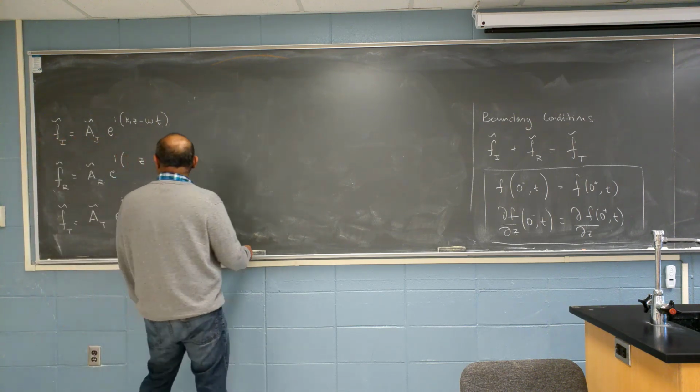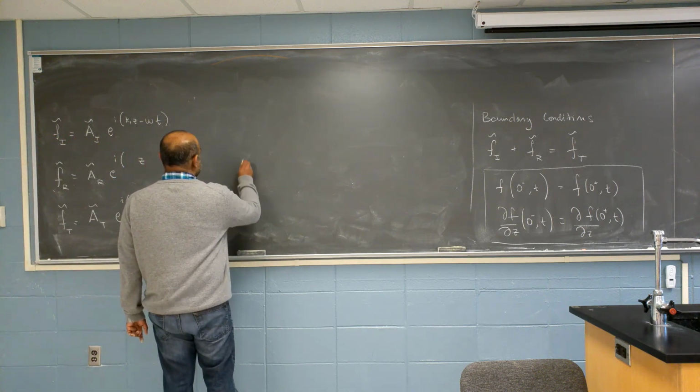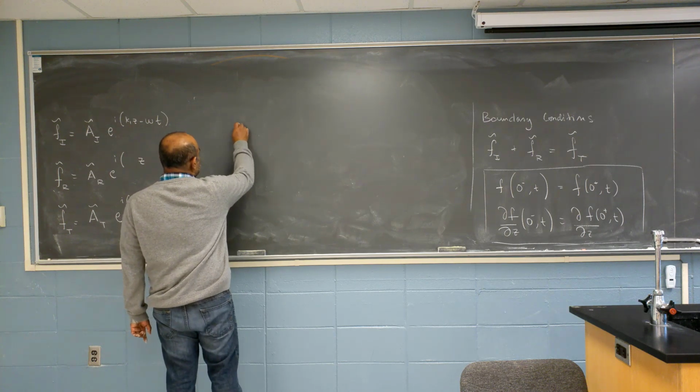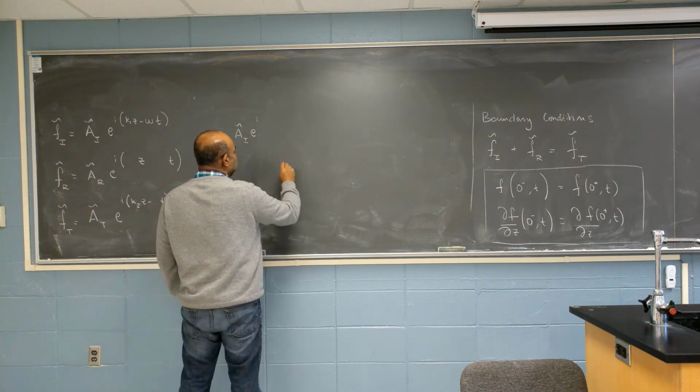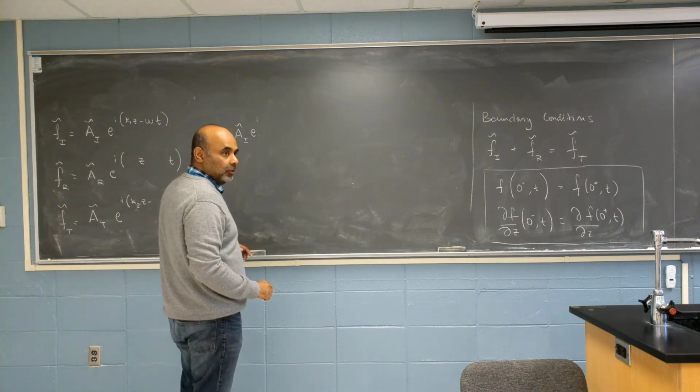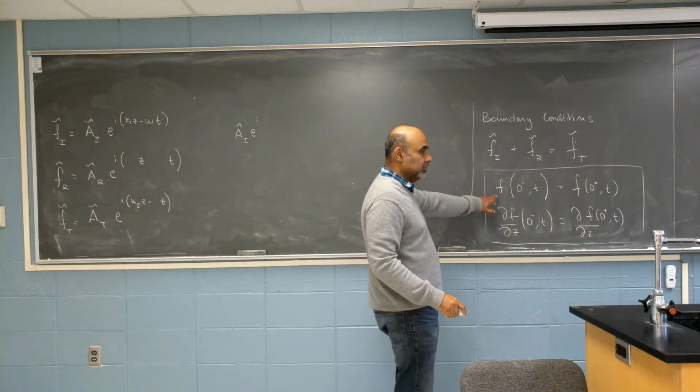So if I do this, I would have that a tilde I, e to the i, I'm going to evaluate this at z equals 0. I'm going to use this condition.